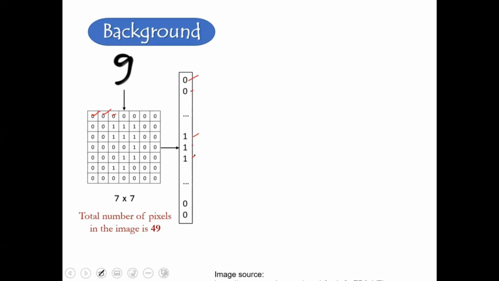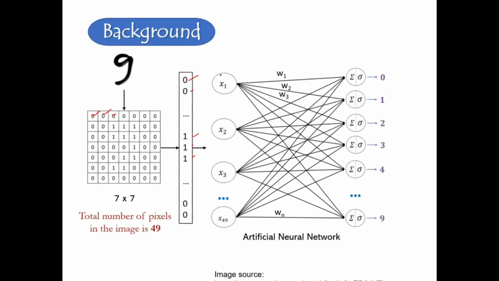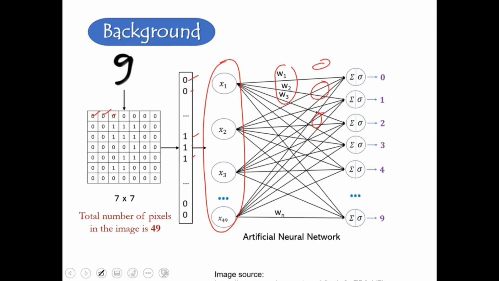So this becomes the first layer of the neural network here. All the 49 units represent the first layer, and they will have some weights, W1, W2, Wn, and they are connected to the output layer, or maybe some hidden layers between them. After that, those hidden layers will generate the output, the final classification layer.